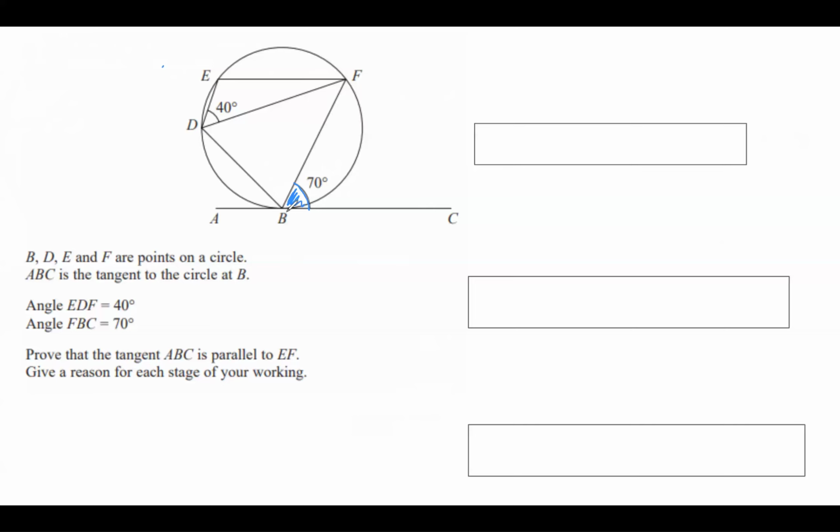Now, from this chord, we are then creating an angle at the circumference. So we can use the alternate segment theorem and say angle FDB is equal to 70 degrees, and that's because of the alternate segment theorem.